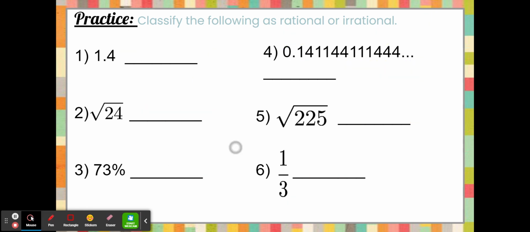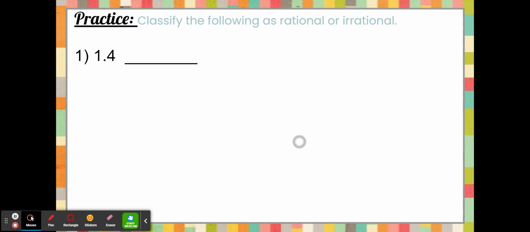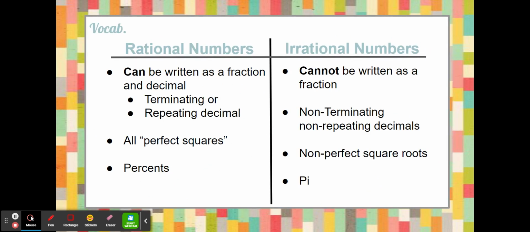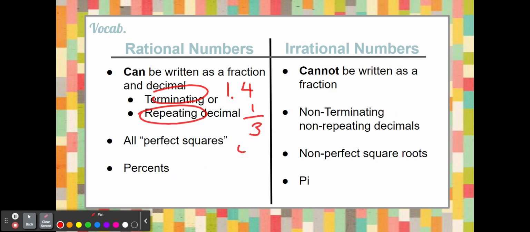So let's see if we can go back to what we talked about earlier. So rational numbers, remember, that means they have to be terminating. That means ends, like 1.4. It has to be repeating, like 1/3, which is indicated with a number that continues the same value over and over.